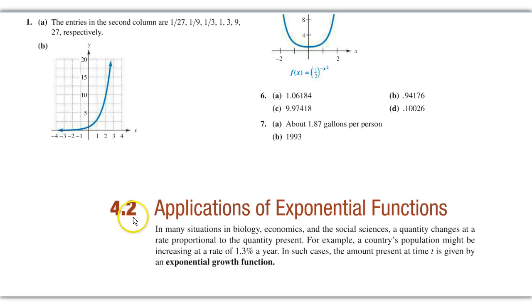In section 2 of chapter 4, we're going to take a look at applications of exponential functions. We did a little bit of that in section 1. And it's saying here that in many situations in biology, economics, and social studies, data show growth in exponential form, where t is often used as time.